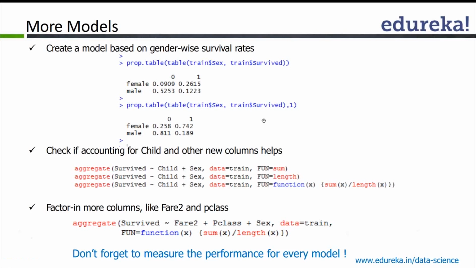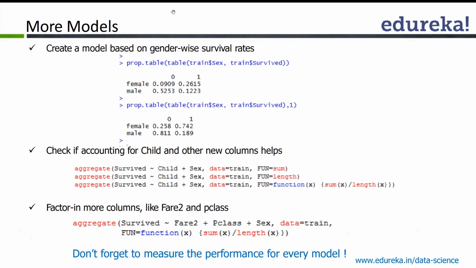One way is to create a model based on gender-wise survival rate. For example, in the data exploration phase we saw that females are more likely to survive than males. So how can I incorporate that into my classification model? Whenever there's a female in my test record, I'll say that person survived, whereas whenever there's a male, I'll say not survived.